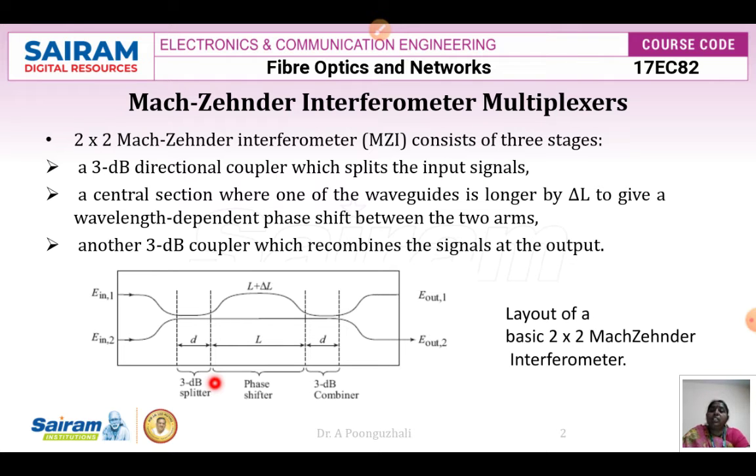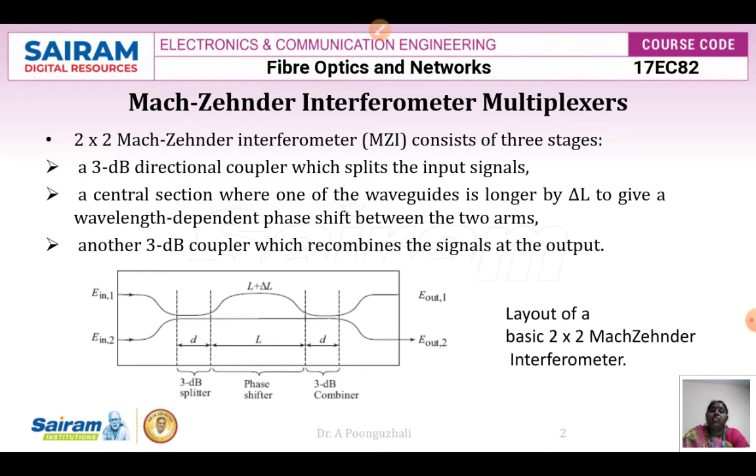Then in the central section, one wavelength is going to be longer by a value of del L, so that it has a phase shift between the two arms, and another 3 dB coupler recombines the signals at the output.